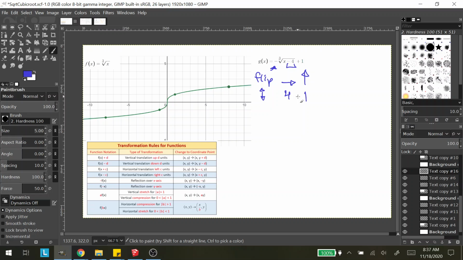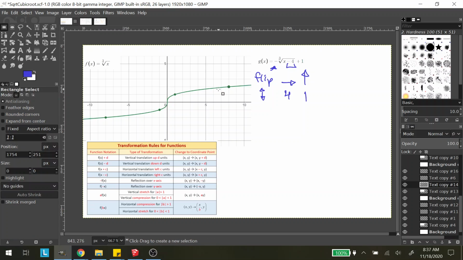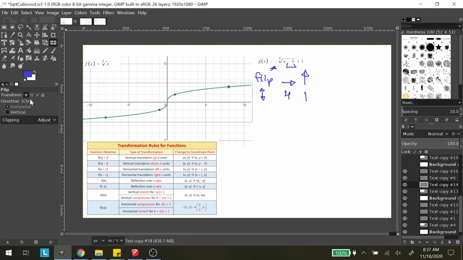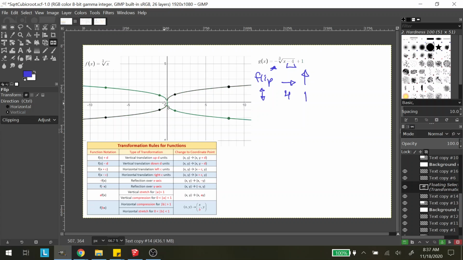So let me see if I can show you how I would do this. So I'm going to take that graph. Now I've made a copy of this graph, and what I'm going to do is I'm going to flip it vertically.